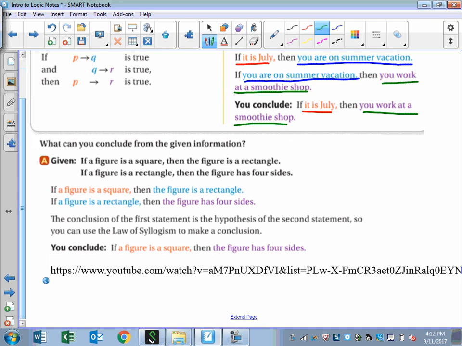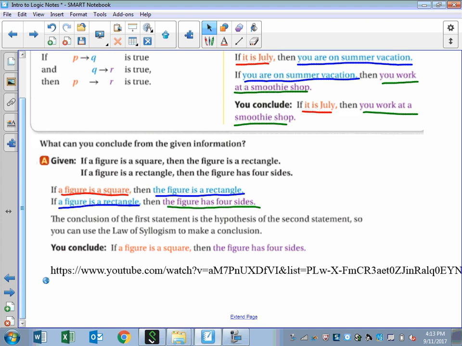If we look at this other example, we have our first hypothesis: a figure is a square, then the figure is a rectangle. Then the next conditional statement uses the old conclusion for the new hypothesis: if a figure is a rectangle, then the figure has four sides.